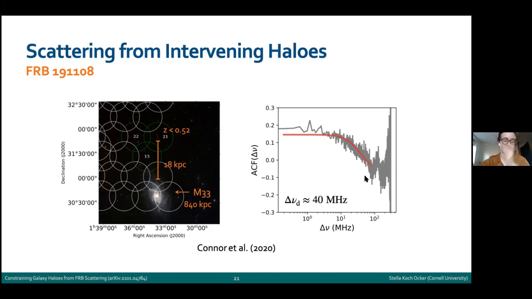So we again just proceed by assuming that this measurement accounts for the maximum amount of scattering that could be contributed by the M33 halo, and then use that to place an upper limit on the fluctuation parameter for the halo, again, by assuming a DM model for the halo.